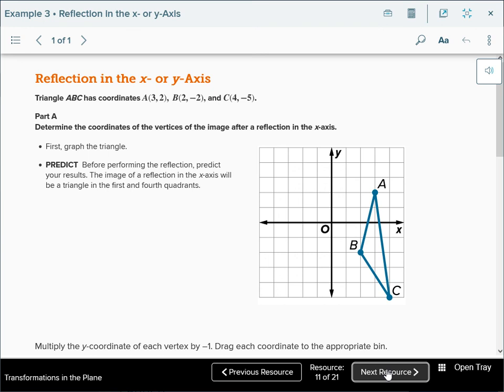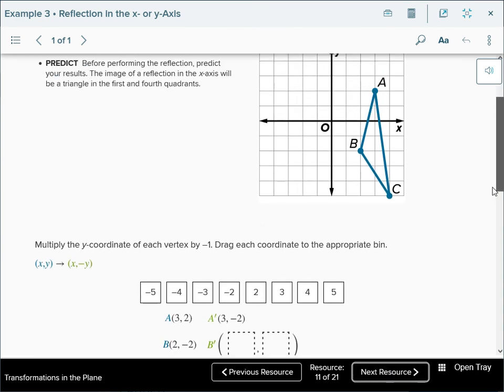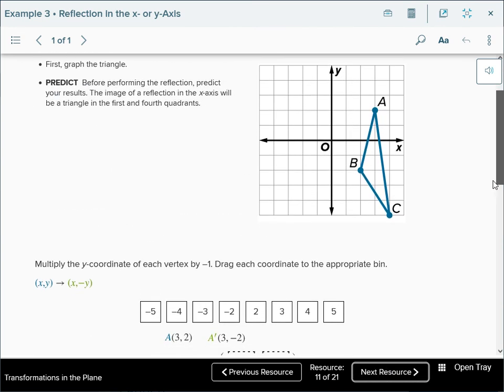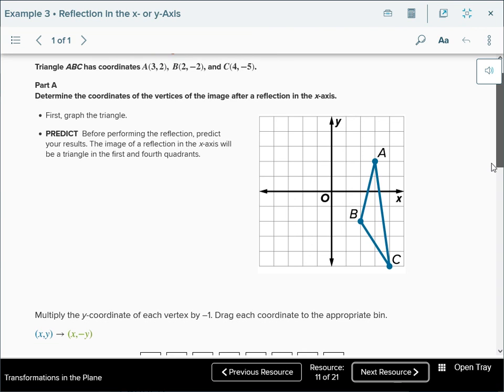And they want you to find A prime, B prime, and C prime. This always bothers me because you can't see the whole thing, so I'm going to write these out here. Somebody help me out and read those to me. A is 3, 2. What's B? 2, -2. And what's C? C is 4, -5.